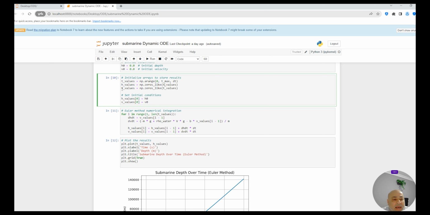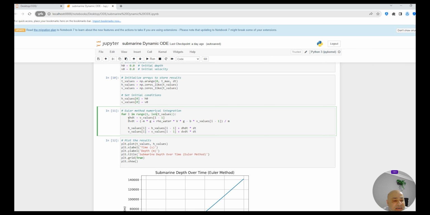I did the same with the V array, and then I initialized my depth and V arrays as equal to H0 and V0, which are defined in an earlier cell. Then I created a for loop using for i in range, and I used len to create the values that we are going to iterate over, based on the length of our t-value array.